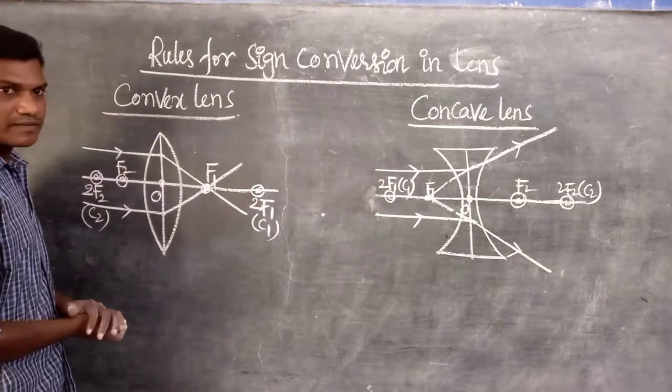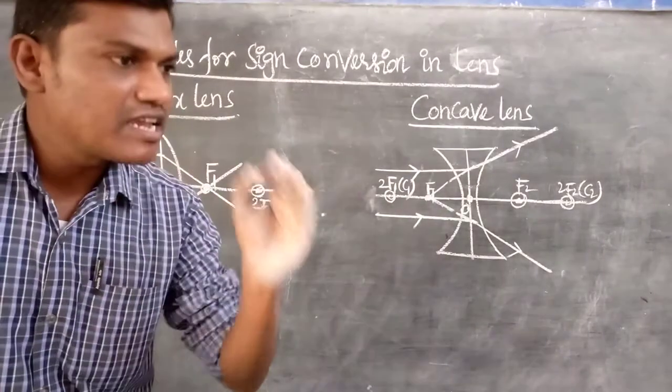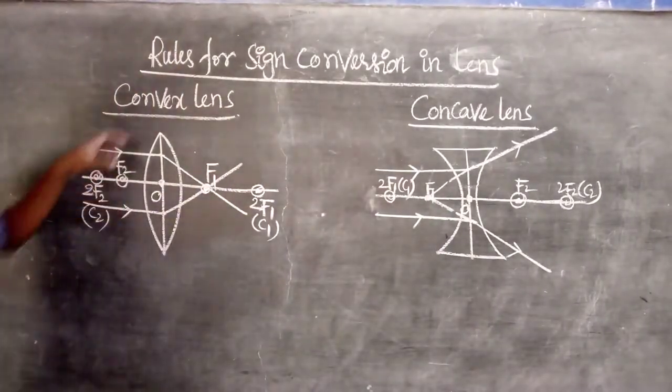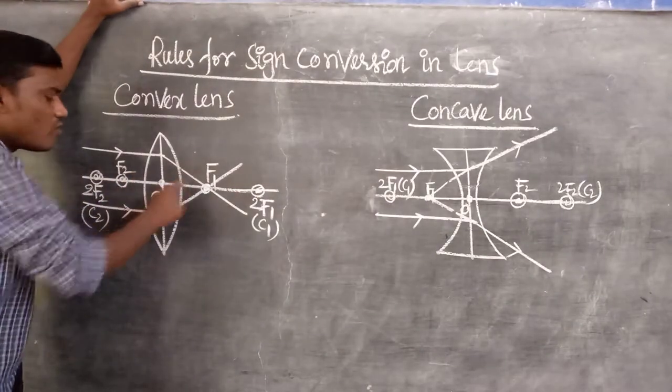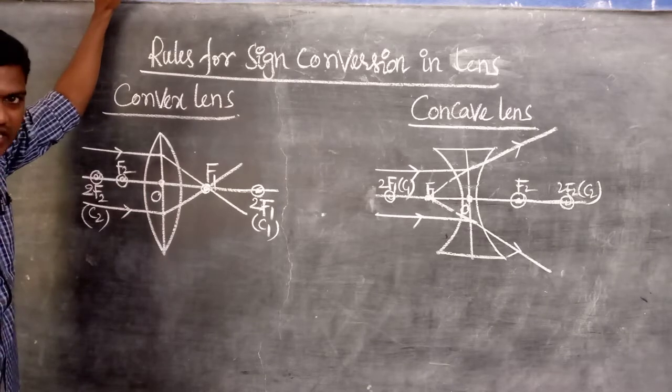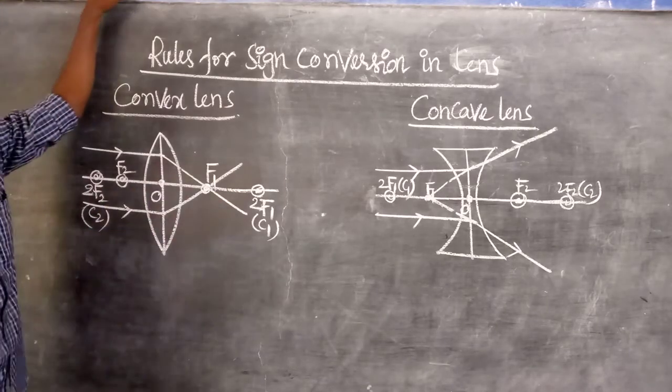Generally, in most cases we use the equiconvex lens. So when you use an equiconvex lens, the focus will be the same, and the center of curvature distance is also the same.